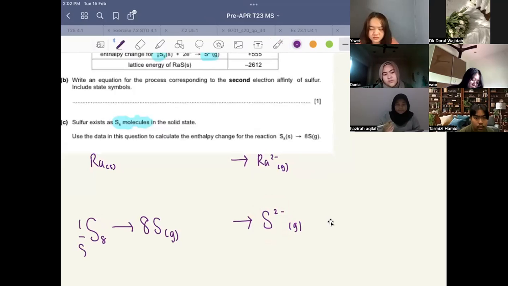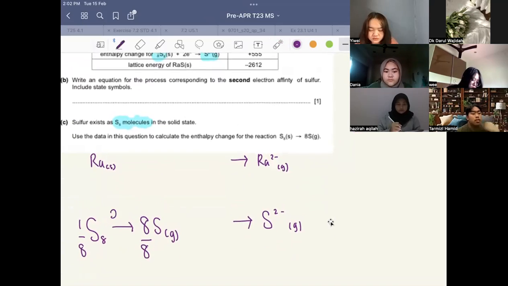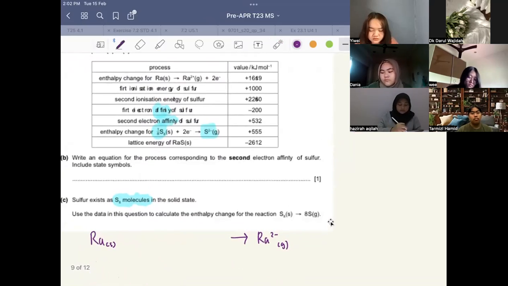I divide by 8. Everyone agree? So that means my atomization here is... I don't know the atomization. It's not given. So I will just write down X for now, for the atomization of sulfur.